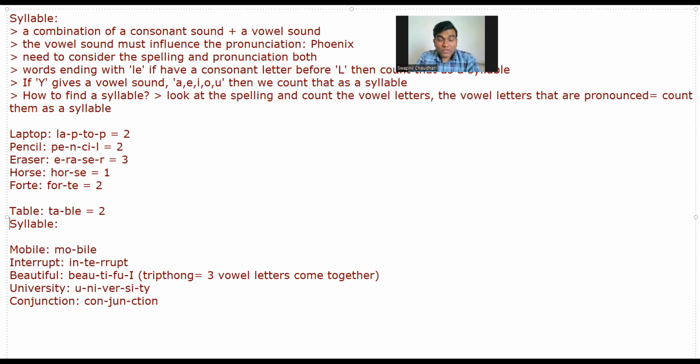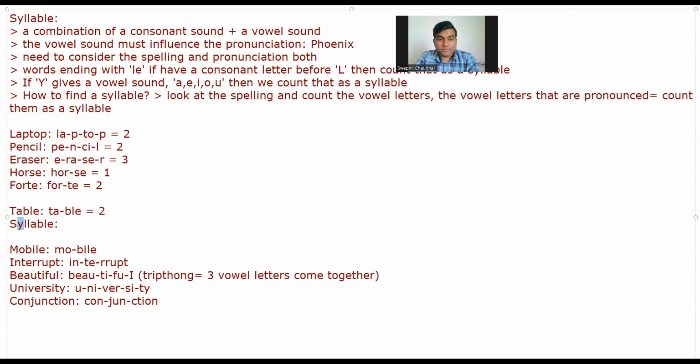Now our rule is that we should check the spelling and the pronunciation both, right? So as per the spelling, how many vowel letters do we have? One and two, only two. But we have Y, and Y is giving me the E sound, syllable, right?